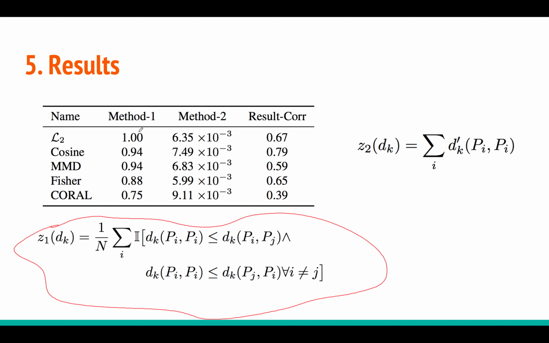These numbers are bigger for L2 distance and lower for correlation, and you can do the same thing with method 2 also. This is the result, and you can compute correlations between two different vectors and so on.